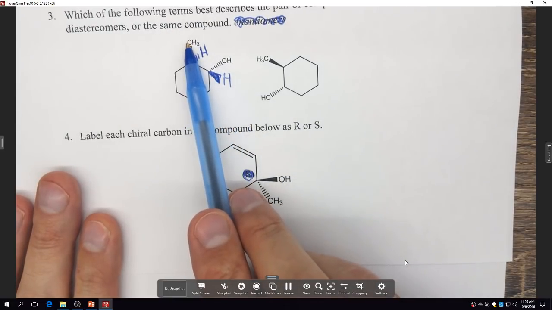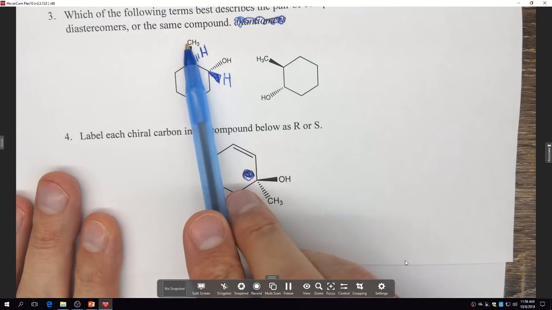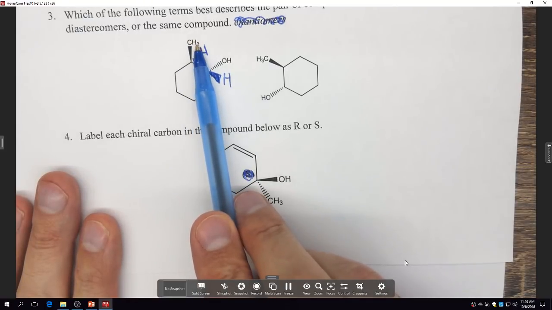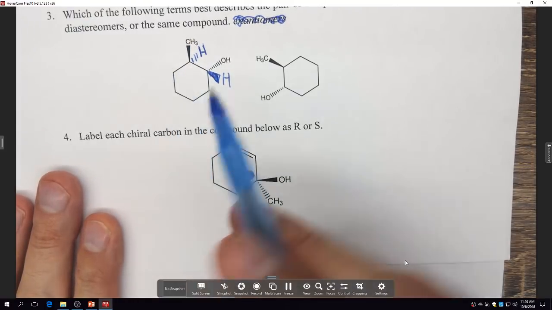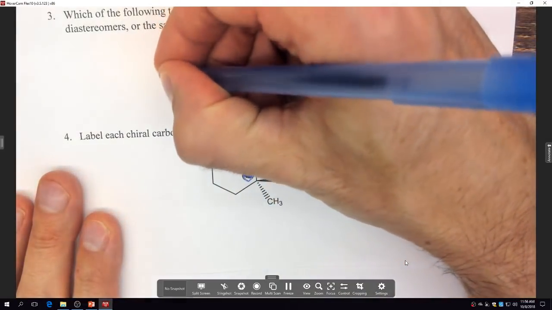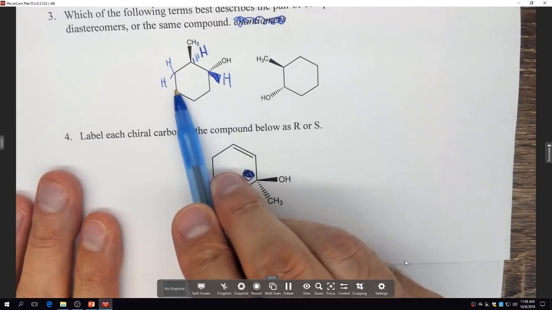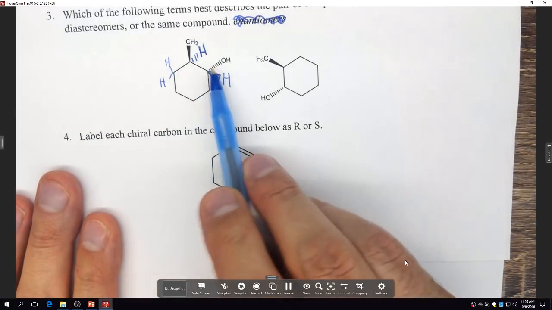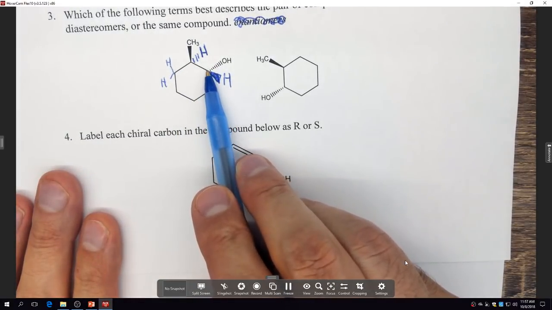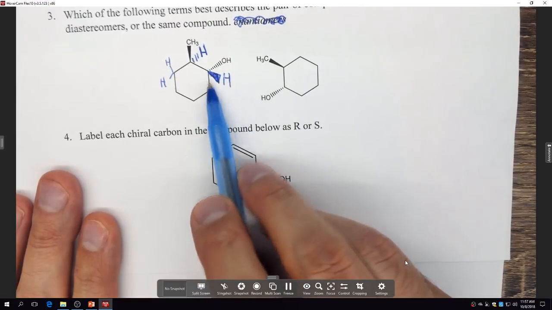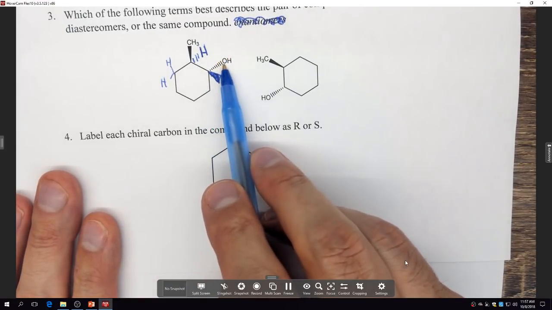Now that I'm at a carbon, the next heaviest atom I can get to is a hydrogen. Here, I'm at a carbon, there are of course 2 hydrogens here, but the next heaviest atom I can get to is a carbon. And in this case, I'm at a carbon, there's a hydrogen and a carbon, and the next heaviest atom is an oxygen.